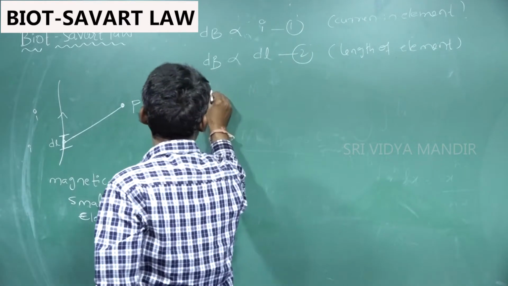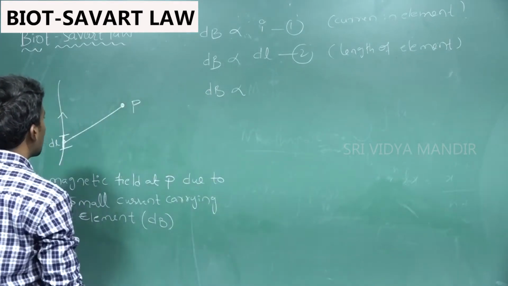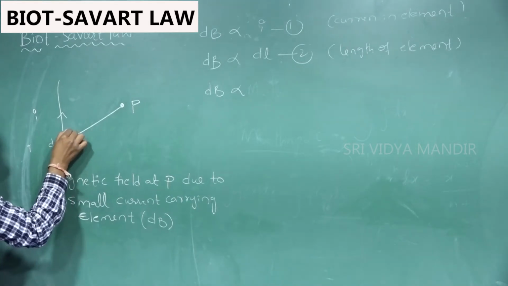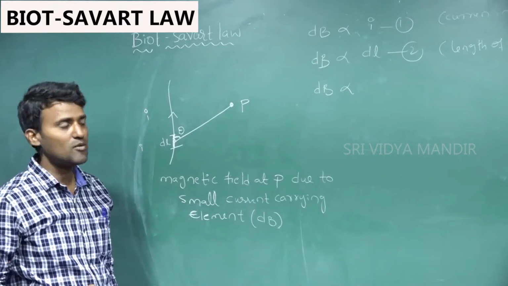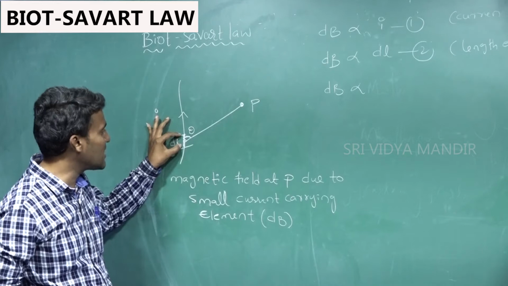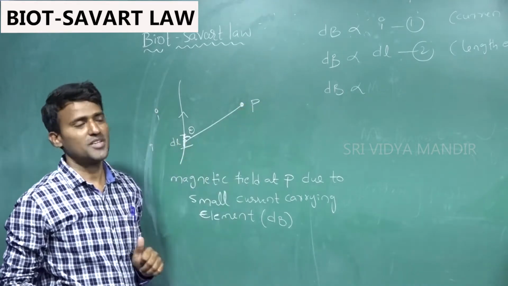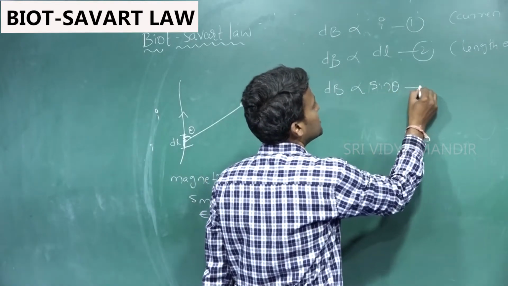dB is directly proportional to the sine of the angle between the element and the line joining the element and point P. So that is sin theta. That is equation 3.